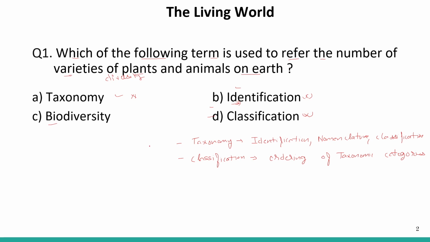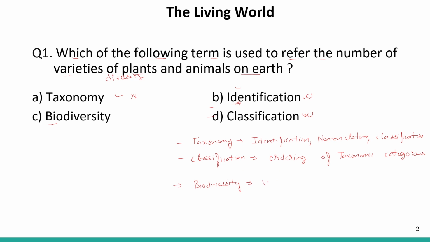Now let's talk about biodiversity. Okay, how can biodiversity be defined? If you look around your area, you can see there are a lot of species, a lot of variety present, a lot of life forms present, of plants, animals, insects. So how can biodiversity be defined?